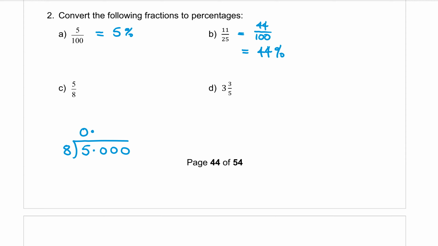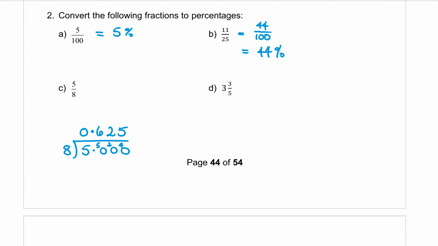I carry the 5 into my first decimal place. 50 divided by 8, that goes 6 times, because 6 eighths are 48, and that would give me a remainder of 2, which I put onto the next 0. 20 divided by 8 goes 2 times, because 2 eighths are 16, and that would give me a remainder of 4. 40 divided by 8 goes exactly 5 times.